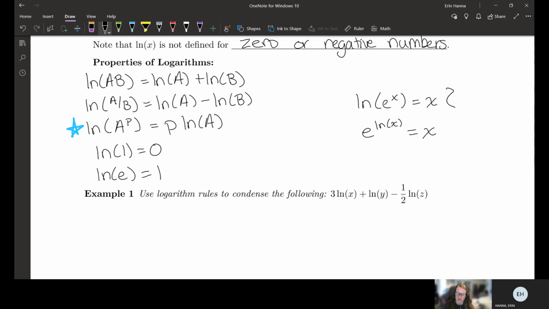Those 2 are just extra tidbits that you might want to know. But these 5 over here are the main pieces that you're going to want to remember. And again, this one that I starred is the one that we use most often because it's used in solving equations where the thing we want to solve for is in an exponent.